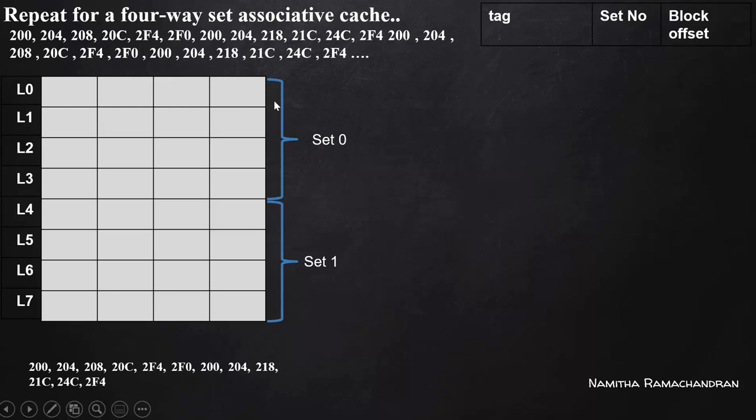For addressing each of these 4 bytes, how many minimum bits are required? 2 bits. And how many sets are possible here? Only 2. For addressing these 2 sets uniquely, only 1 bit is required, represented using 0 and 1.